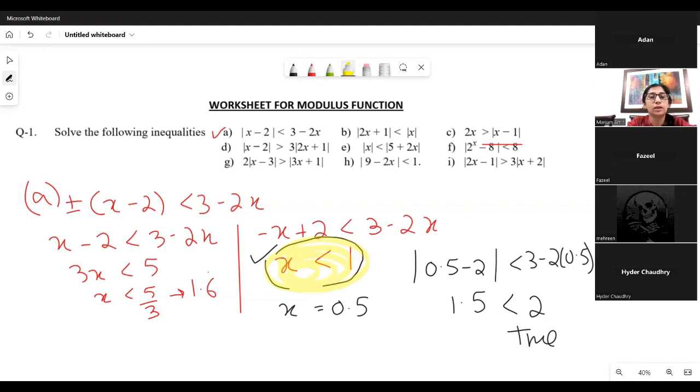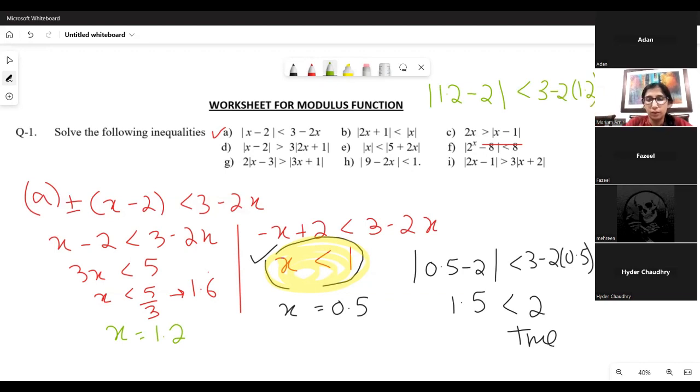अब ये चेक कर लेते हैं. x is less than 1.6666 के डोमेन में मुझे कोई x की वैल्यू बताओ. 1 से बड़ी बताओ ऑफ कोर्स. 1.2. 1.2 करके देखते हैं. So when x is 1.2, let's see if this equation holds true or not. So modulus of 1.2 minus 2, is it less than 3 minus 2 times 1.2?